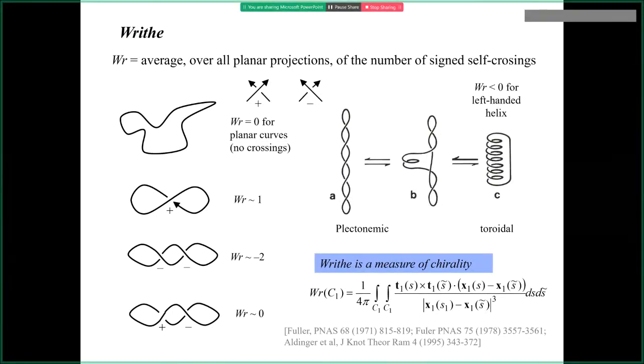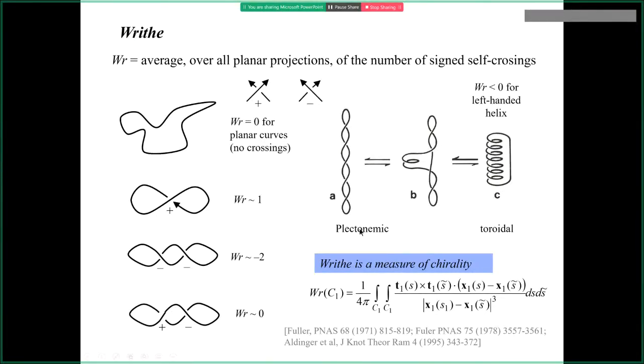And now the writhe, you can think of it as a measure of the chirality of the structure. So if you have an achiral curve, if that curve is a reflection of itself, can be converted, then the writhe will be 0.